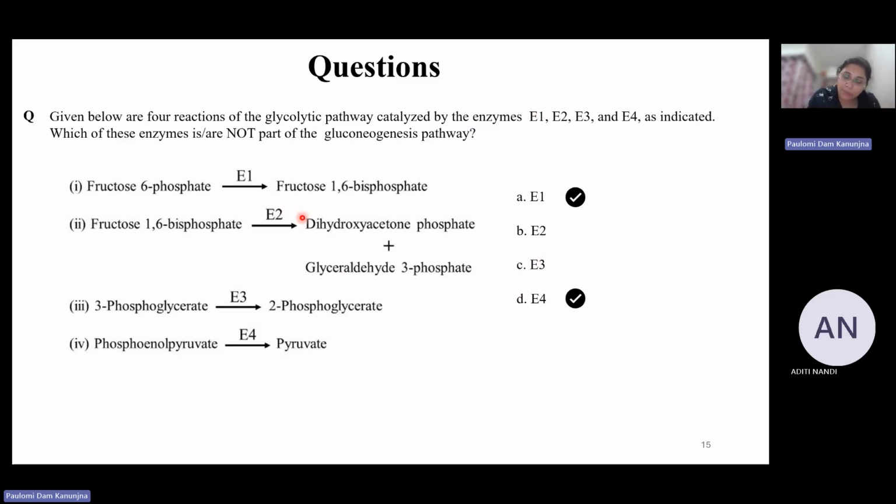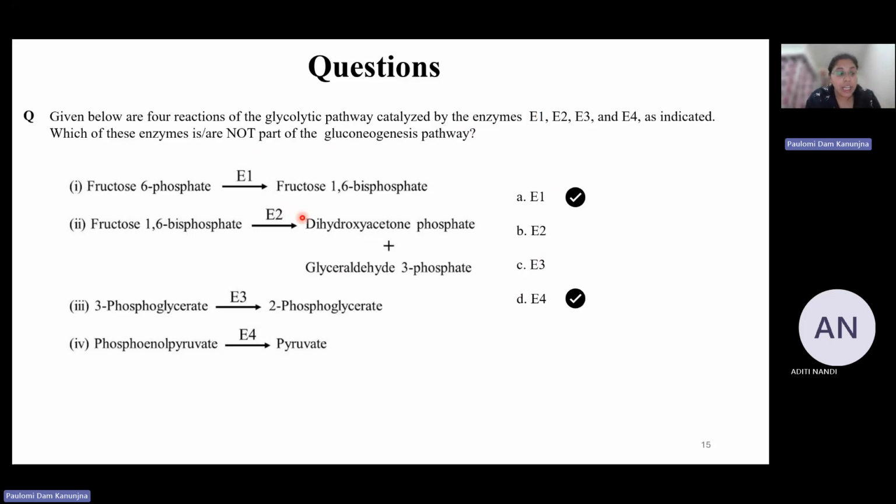It's not via simple reversal by phosphofructokinase 1. You have a rerouting via which the step of fructose 1,6 bisphosphate to fructose 6 phosphate takes place. So E1 doesn't take place in your gluconeogenesis.